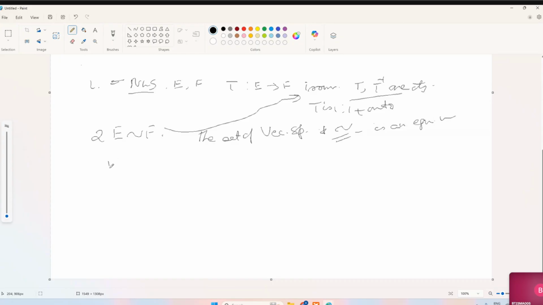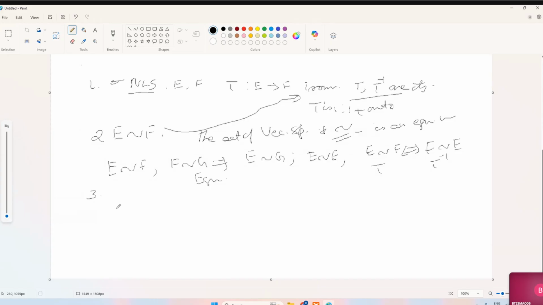That is, E isomorphic to F and F isomorphic to G implies E is isomorphic to G. E is isomorphic to itself. E isomorphic to F implies F is isomorphic to E. So if T is the isomorphism, then T inverse is the isomorphism here. So it is an equivalence relation.